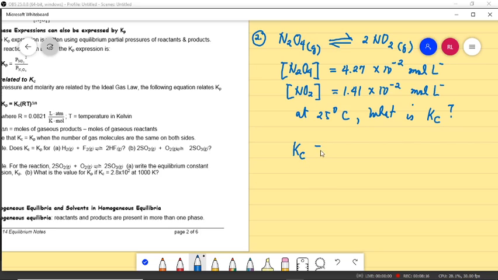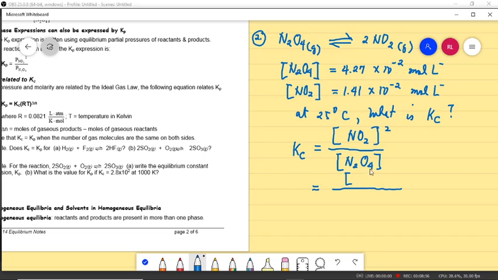K sub C is equal to the concentration of, okay, let's erase this one, divided by the concentration of dinitrogen tetroxide. Okay, so this is our expression. Okay, this time we will include the unit. So let's substitute.